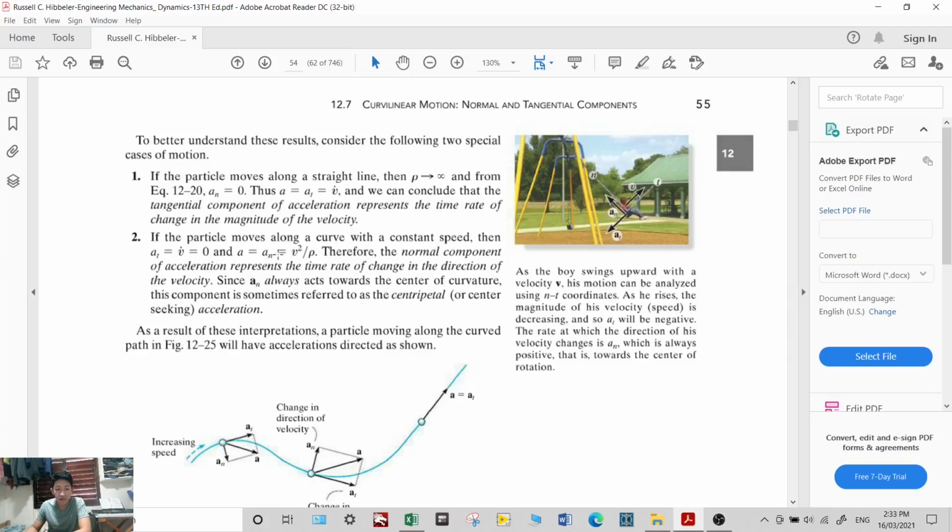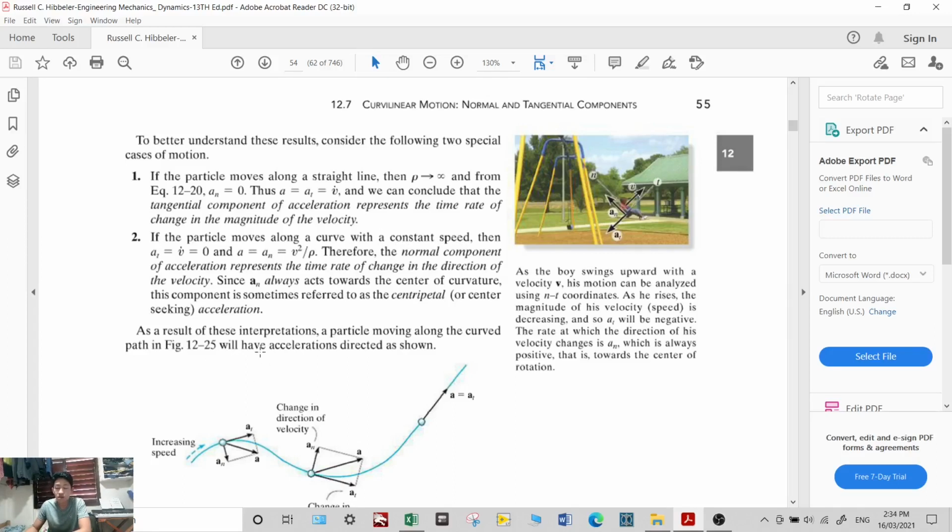Now, if the particle moves along a curve at a constant speed, what is the implication? The implication is that the tangential component is 0. Always remember this. As you all know, the acceleration is the change of velocity with respect to time.